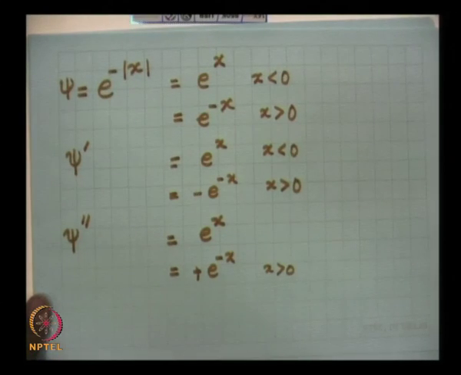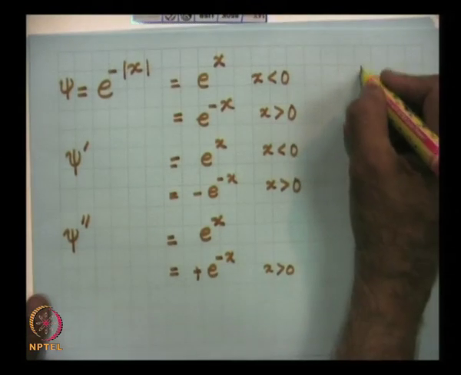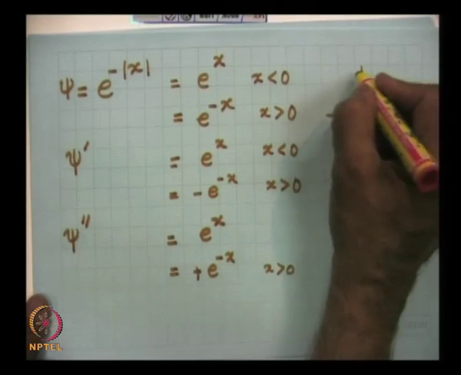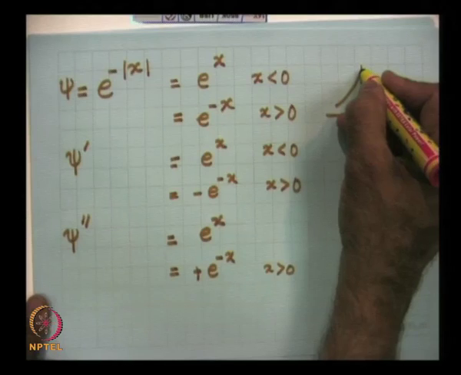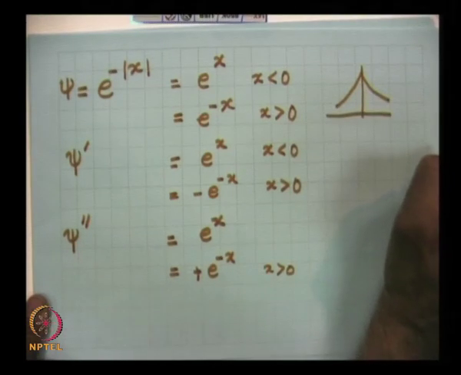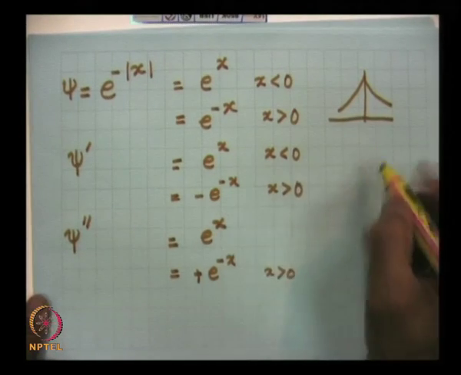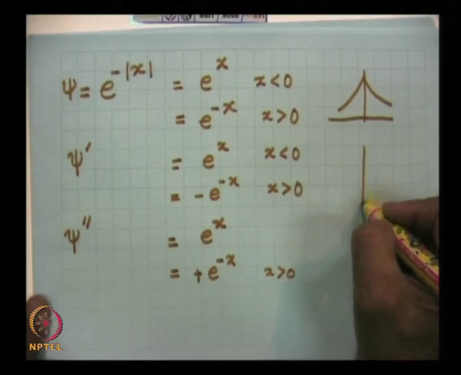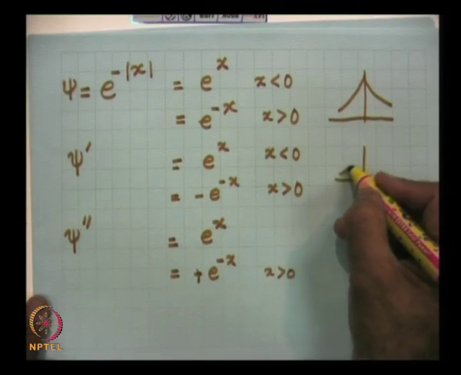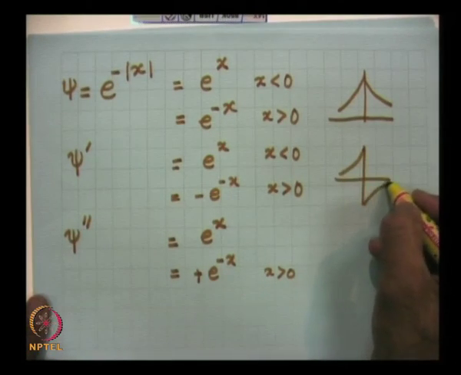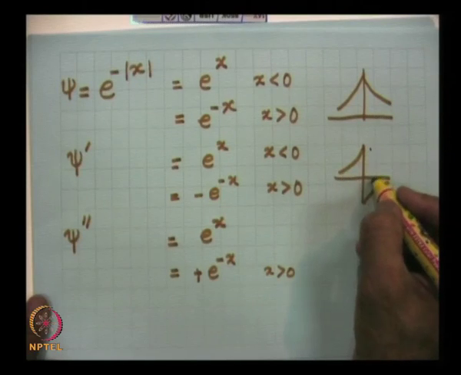Now, this is incorrect, because this function looks like this. So, its derivative has a discontinuity. The derivative has a discontinuity of minus 2 units.